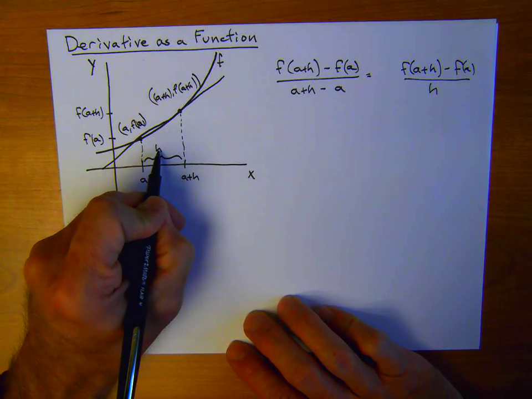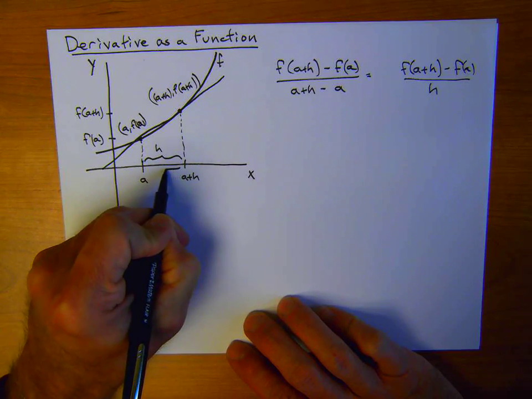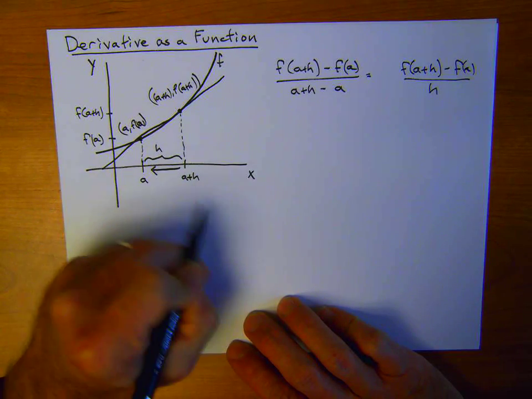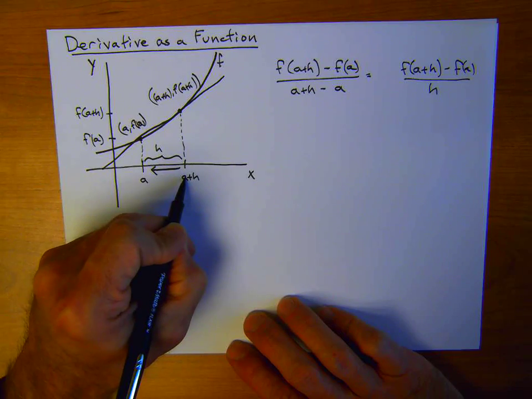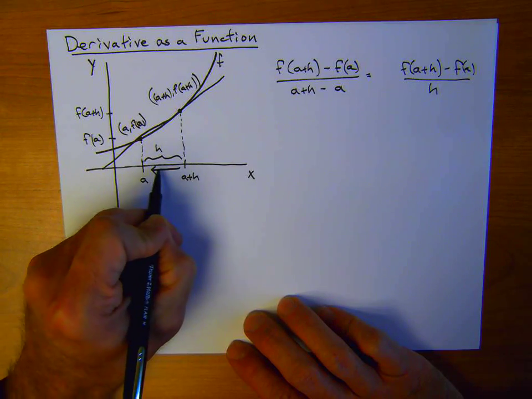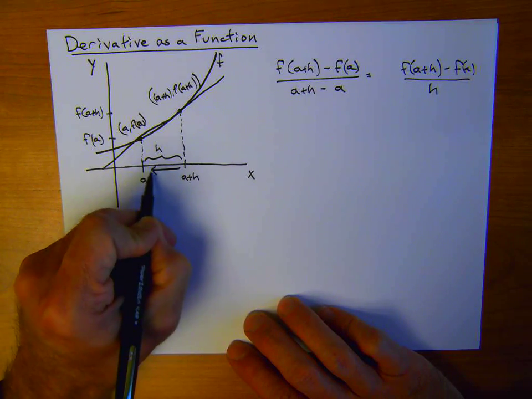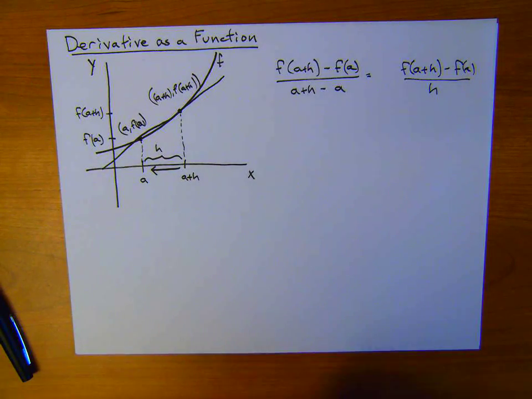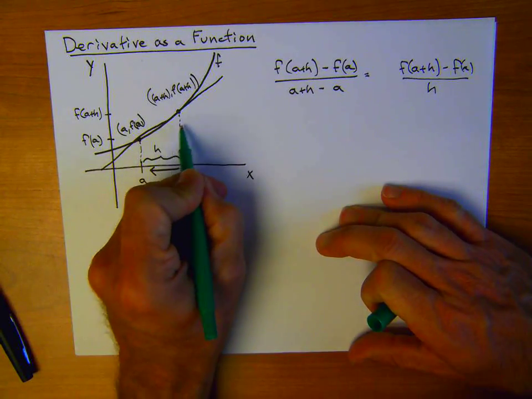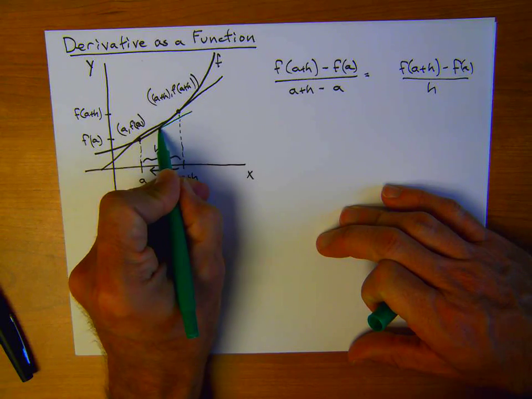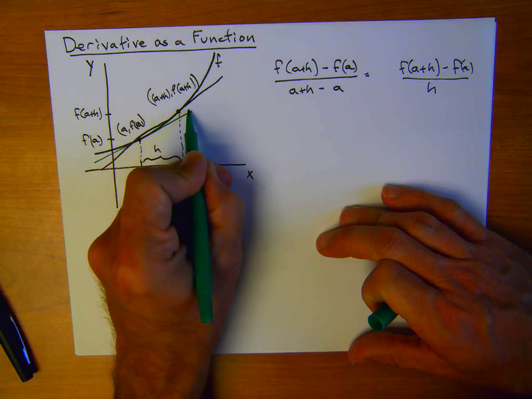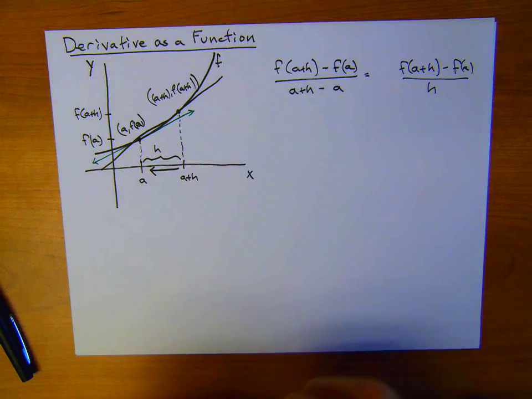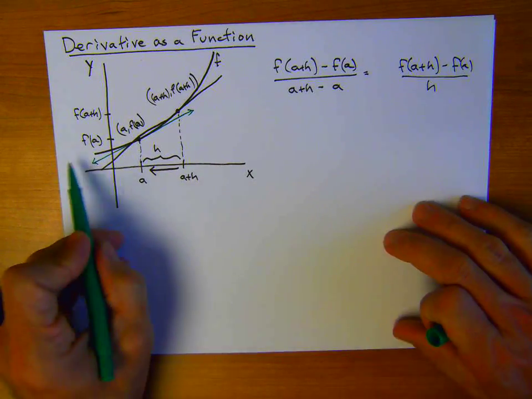But if I let this H here, this distance, go to 0, that gets smaller and smaller so that the difference between A and A plus H becomes smaller and smaller, this interval, then that's basically taking the limit, and the limit would be the slope of the tangent line.